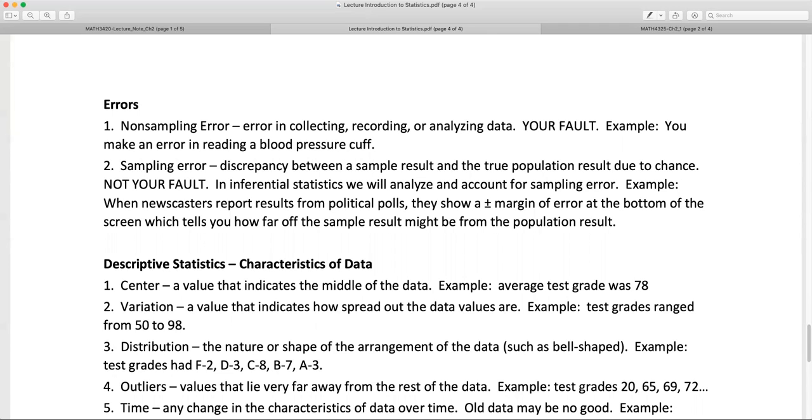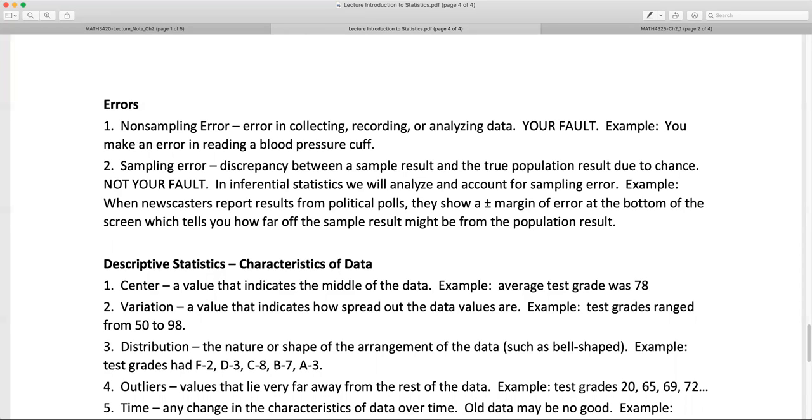When you collect or copy data, you may, just by mistake, copy the wrong number. That's one example of non-sampling error: an error in collecting, recording, or analyzing data. So it's totally your fault. For example, you make an error in reading a blood pressure cuff.